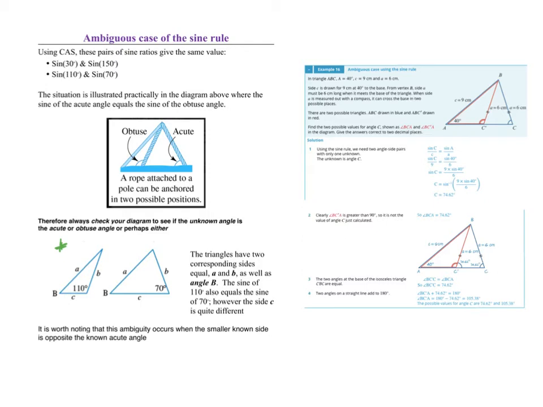So what they're saying is, if we have two triangles that have two corresponding sides, the length of this A is the same as this A, and the length of this B is the same as this B. And they're also saying that angle B is the same in these two triangles. So this angle in here is the same.